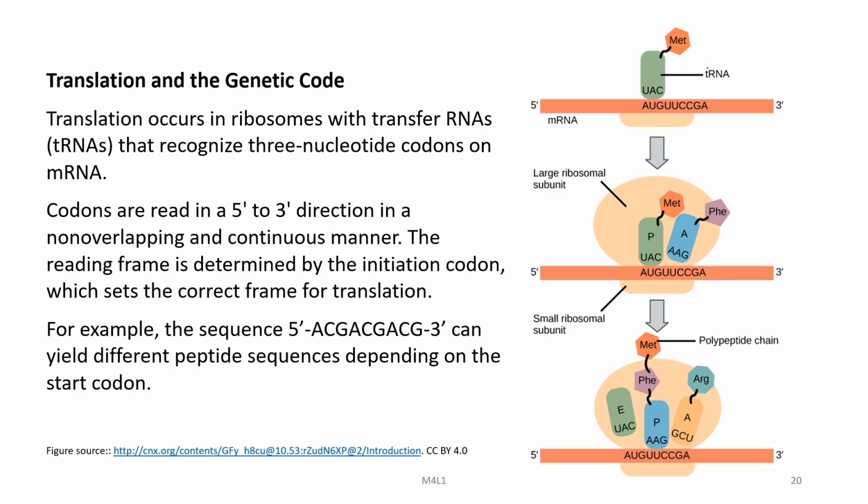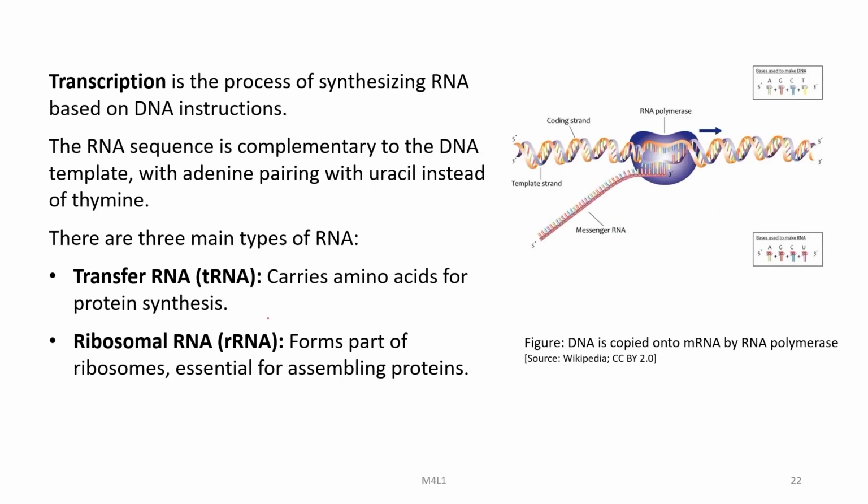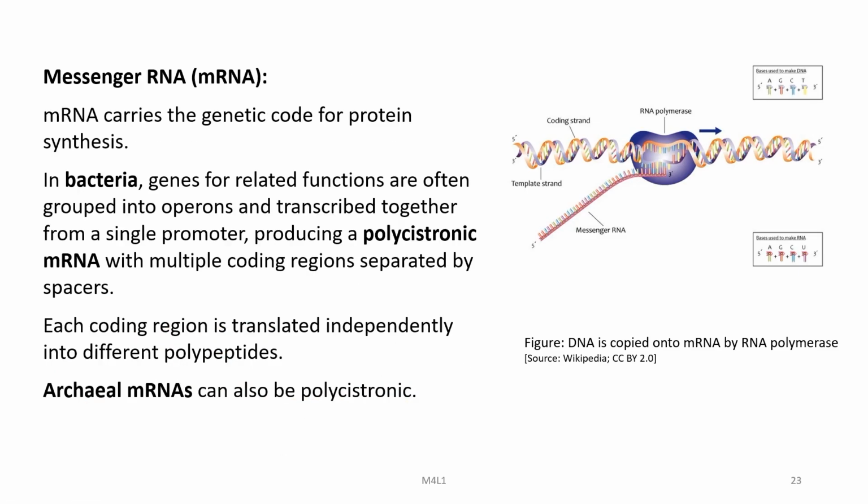This is the tRNA, which is a type of RNA, and the ribosome structures, whether the large or the small subunit, also have rRNA. So, ribosomal RNA, we studied about these in one of the earlier lectures. Then there is messenger RNA.